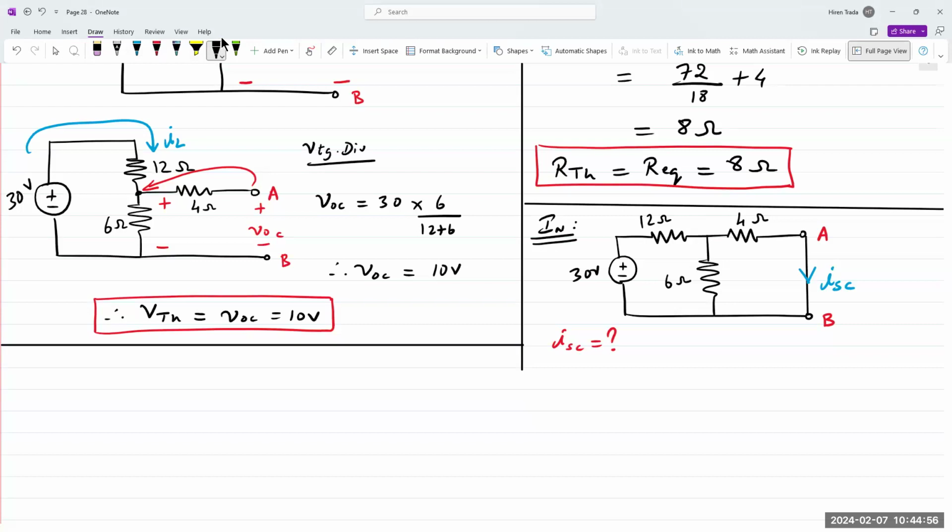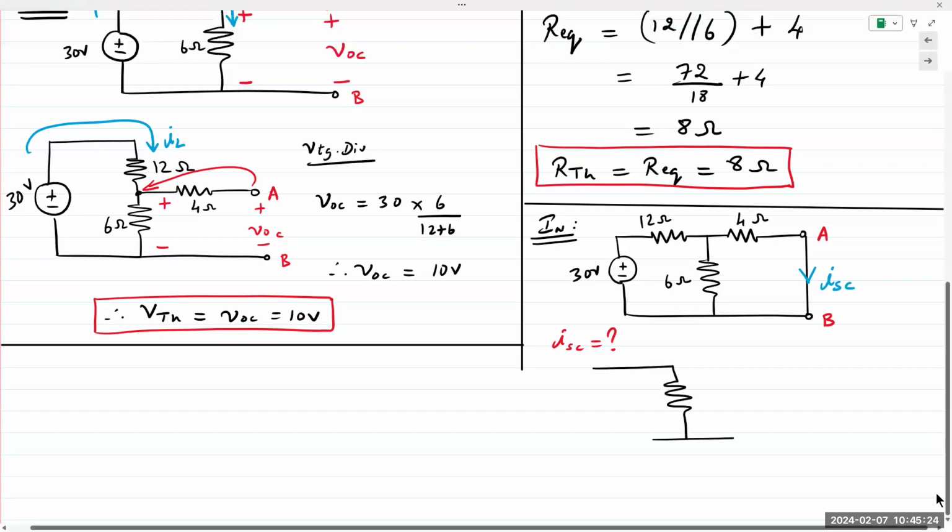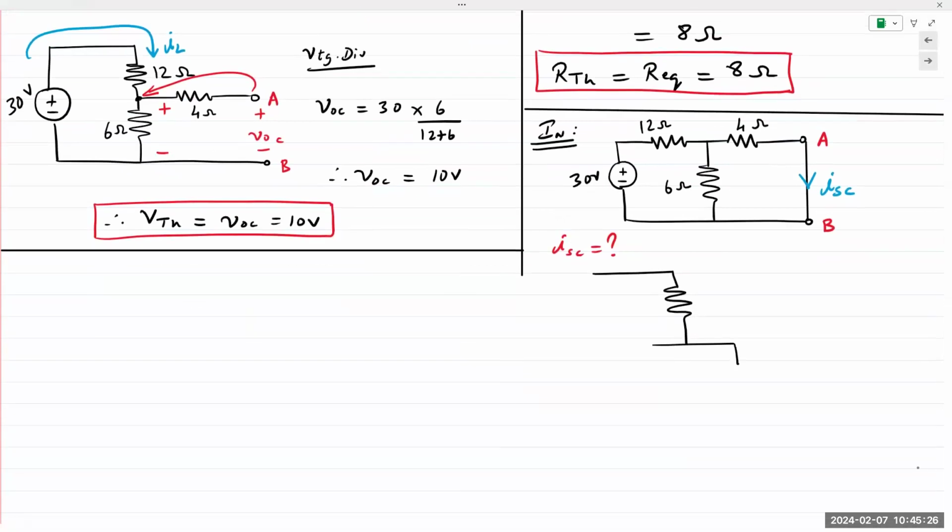However, now it is because of the applied short between A and B. The short circuit wire between A and B causes the 4 ohm resistor to be connected in parallel with the 6 ohm resistor.